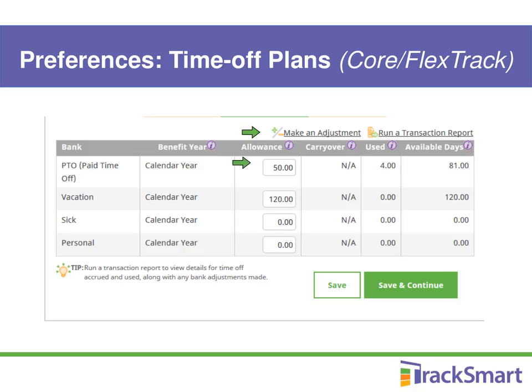Use the adjustment to create your starting balance of available days, and then put your annual allowance in there. Again, with Core and FlexTrack, you're putting everything in there all at once for the year. That's the difference from the accruals provided with the PowerTrack and PowerTrack Plus plans. That earns over time, so it's not all available in the employee's bank on day one of the benefit year.